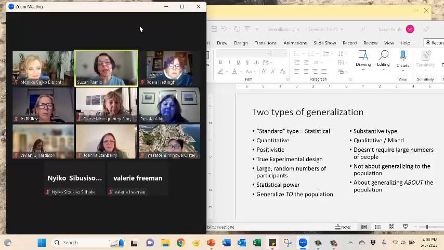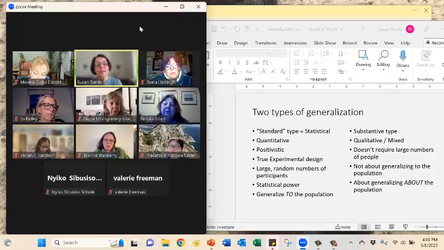So usually we talk about two types of generalization: the standard statistical generalization, quantitative, post-positivistic, from all those reviewers that say things to us like, you don't have enough people to be able to do X, Y, and Z. We learned probably in some grad class about true experimental design, which you need in order to generalize from large random numbers of participants.